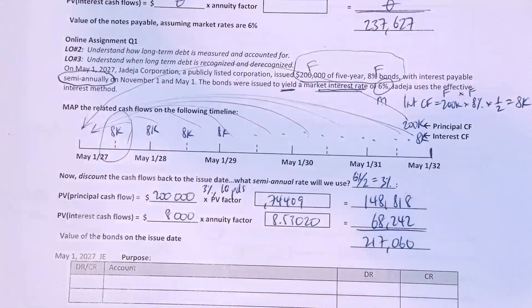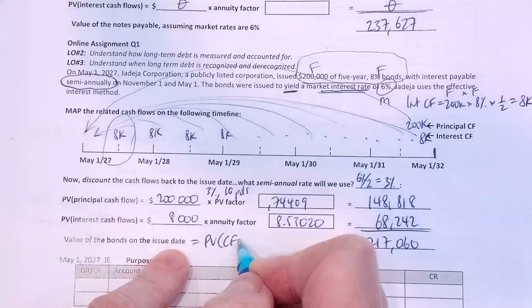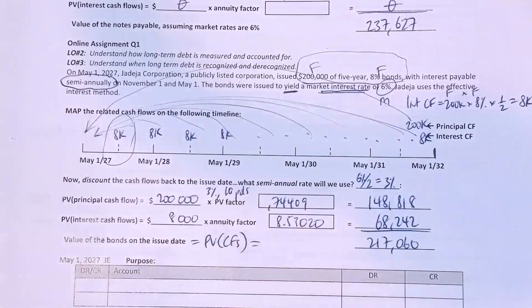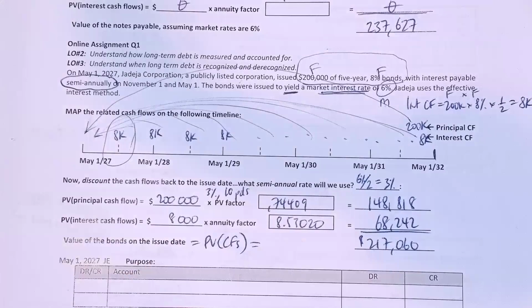The value of the bonds on the issue date, which is the present value of the cash flows, is 217,060. That's what the lenders gave me in exchange for issuing all the bond contracts to them.